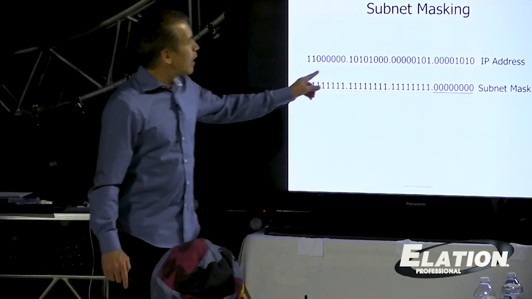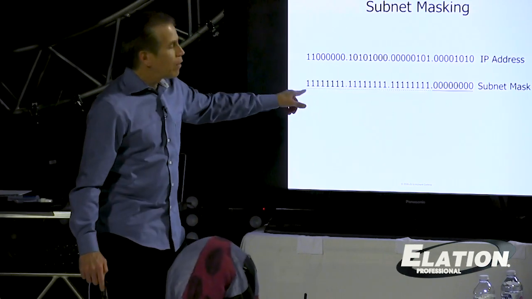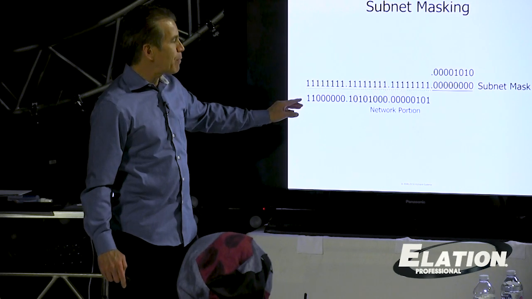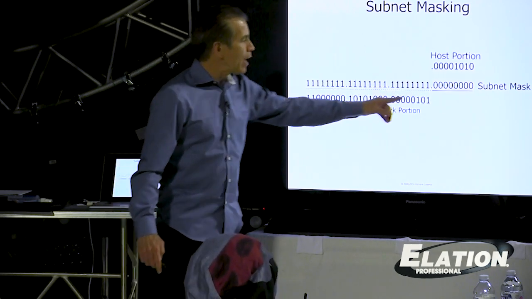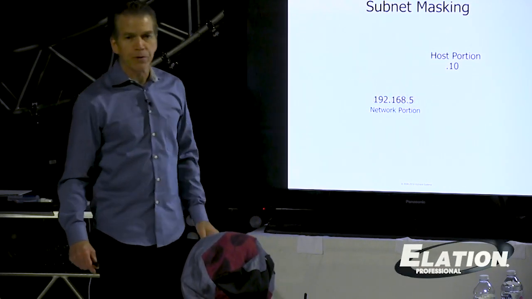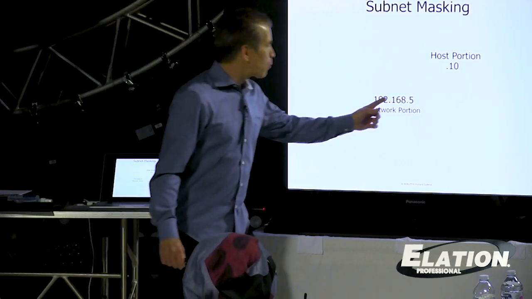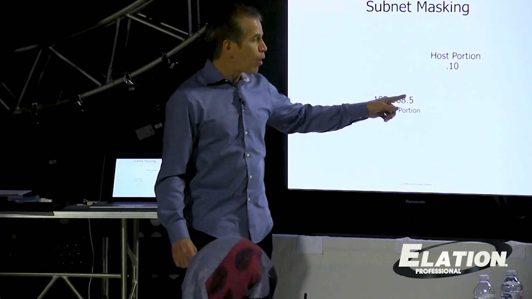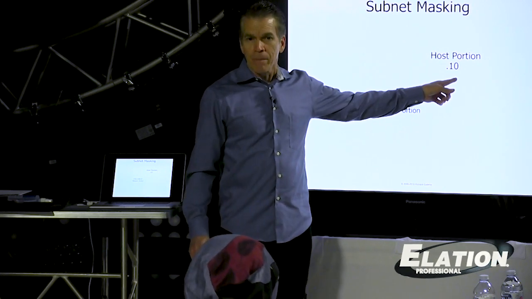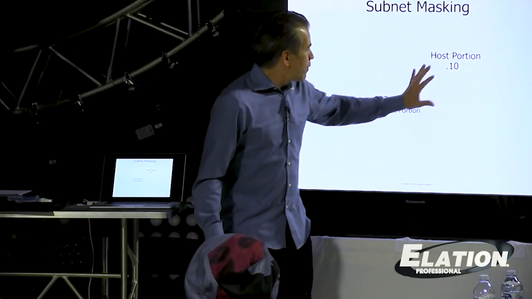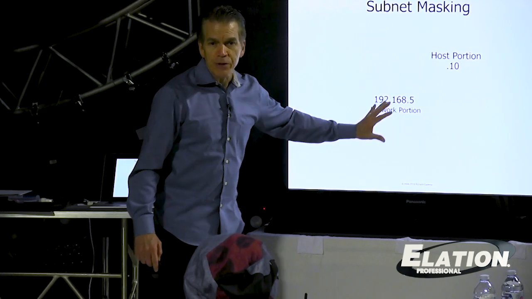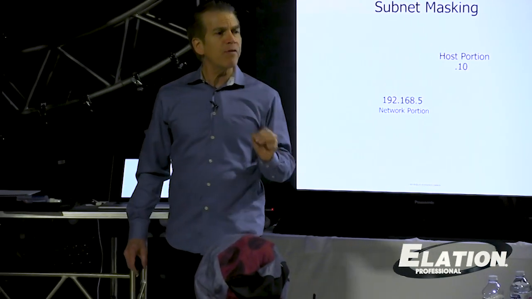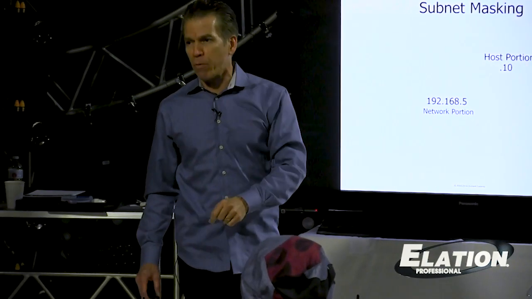And everything that lines up with the ones is the network portion of the IP address, and everything that lines up with the zeros is the host portion. So in this case, the network portion is 192.168.5, and the host portion is .10. Now, with this subnet mask and this arrangement, this allows me up to 254 devices on that one network.